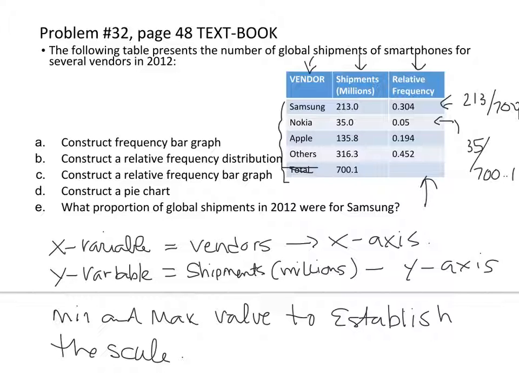In this case, the minimum value equals 35 million, and the maximum is 316.3. So our scale has to encompass the minimum and the maximum value for the y value. So now we're going to go create the bar graph.